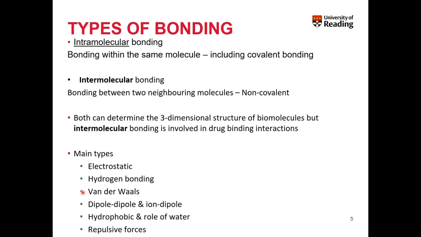We have van der Waals interactions, dipole-dipole and ion-dipole interactions. We also have hydrophobic interactions, or interactions that are facilitated by water molecules, and we also have repulsive forces as well. And we're going to be looking at all of these in this section of the course.